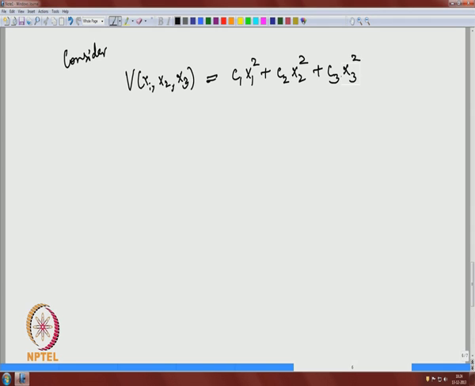So, V is positive definite if all Cj's are positive. You can also check that by the Sylvester's criterion.